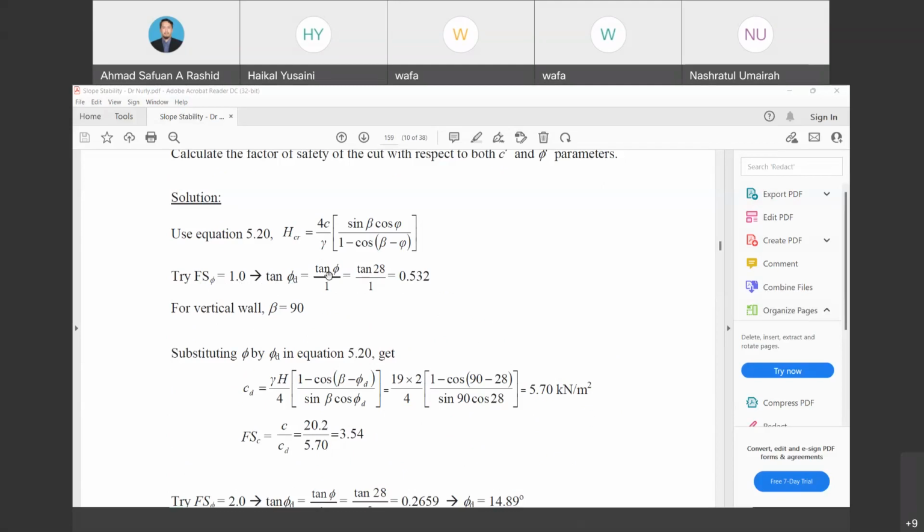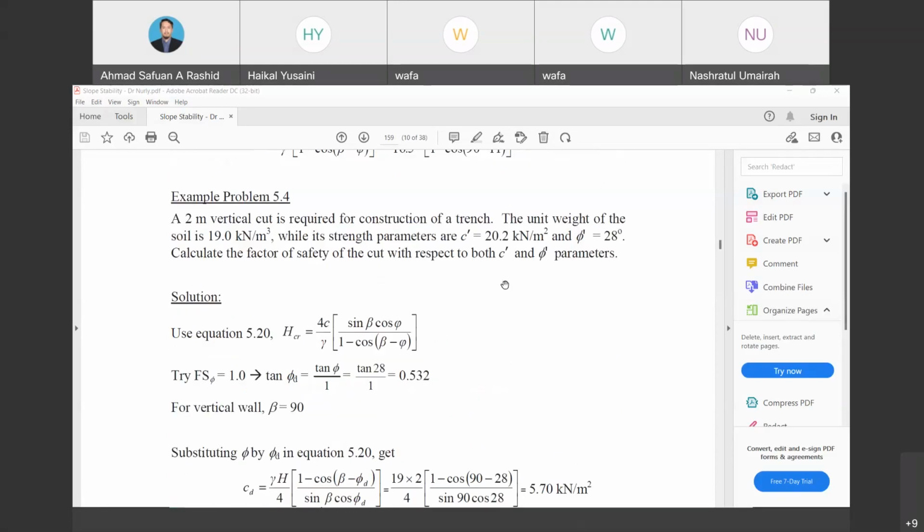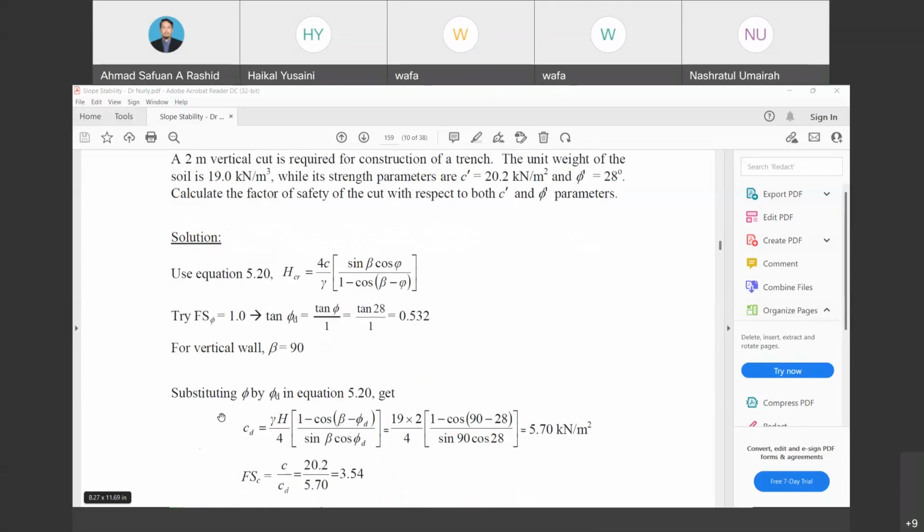So tangent of 28, which is provided in the example, divided by 1 because the factor of safety is equal to 1, we obtain 0.532 for phi D. For a vertical wall, beta is equal to 90. Substituting phi by phi D in equation 5.20, we get the value for the CD.